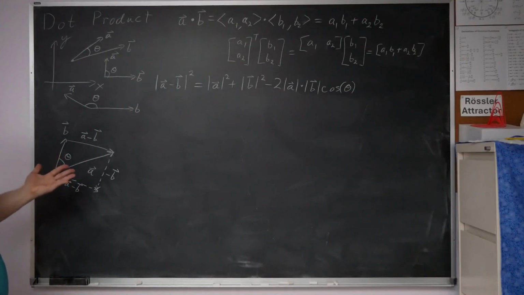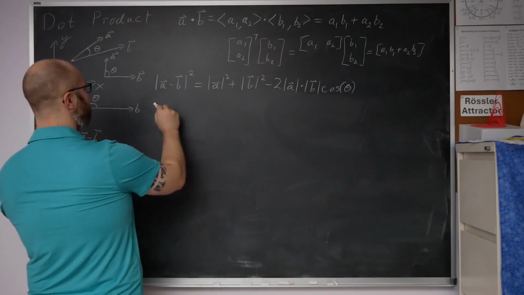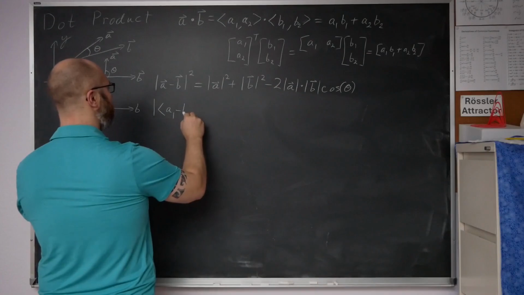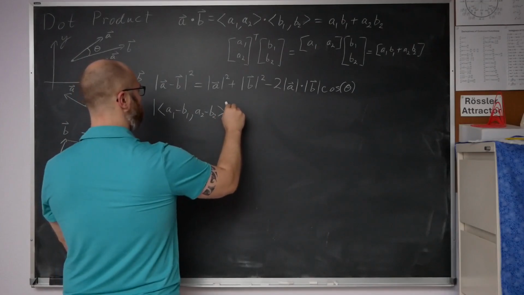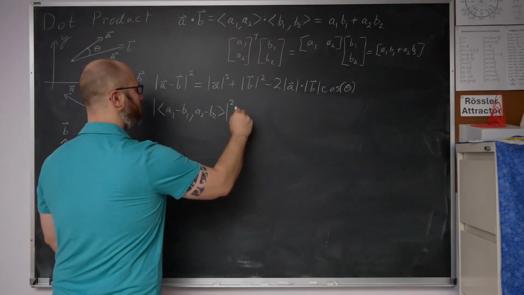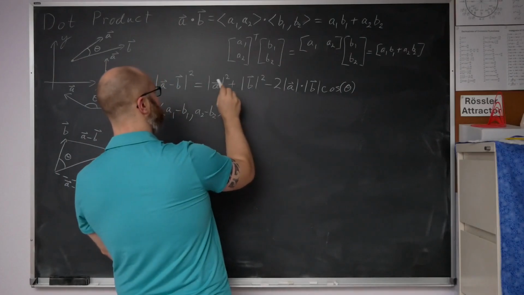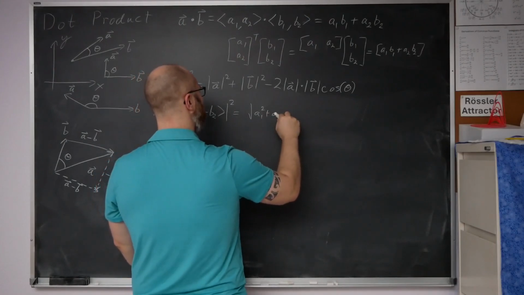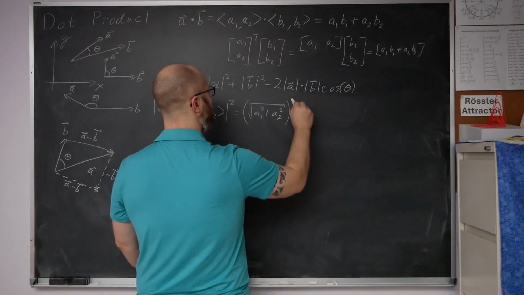And now the next thing to do is work this all out. So let's get started. If I have vector A minus vector B, that's the magnitude of the vector A1 minus B1, comma, A2 minus B2, squared, equals the magnitude of A, which is the square root of A1 squared plus A2 squared, all squared.